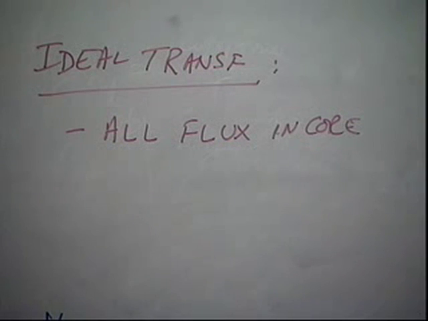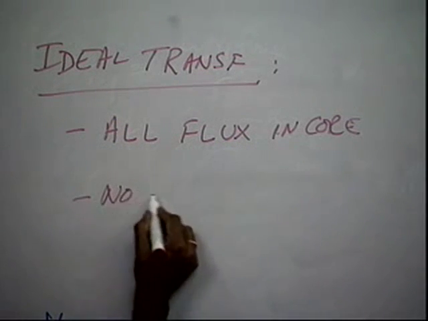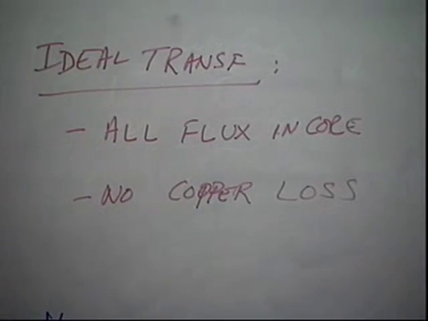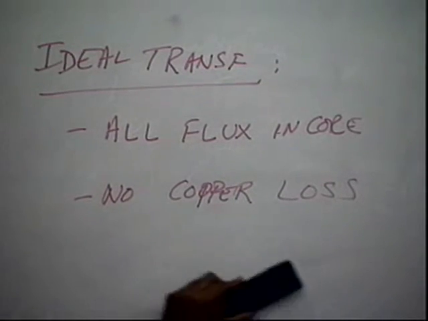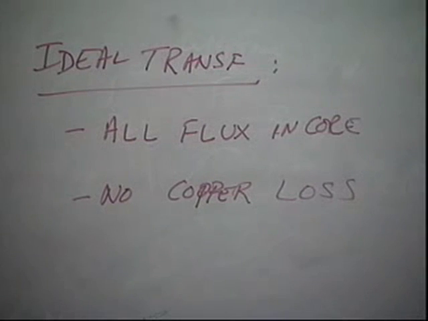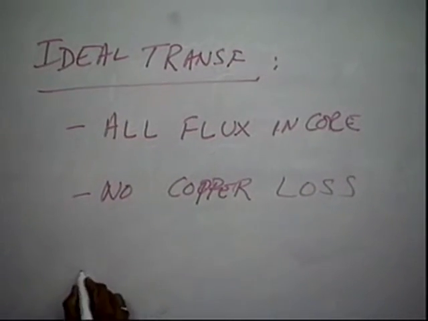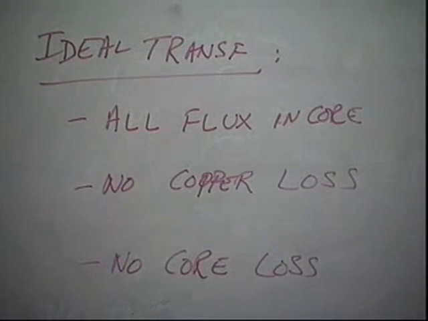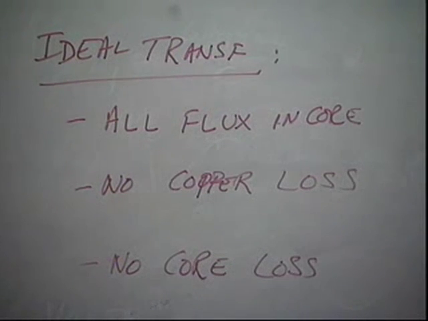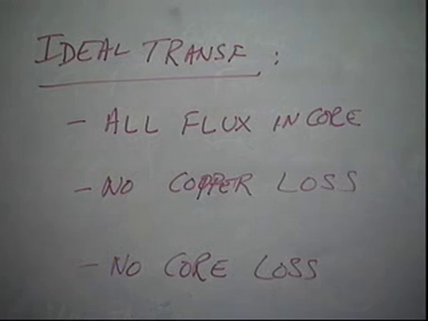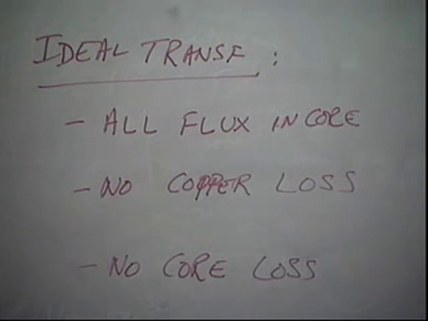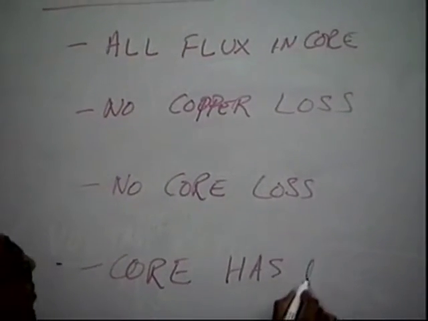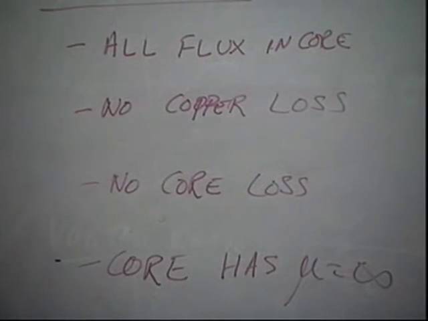I would say no copper loss, that means your windings are supposed to have almost negligible resistance. Then no core loss, no hysteresis, no eddy currents. So this is ideal, and the core is infinitely permeable, has mu equal to infinity.